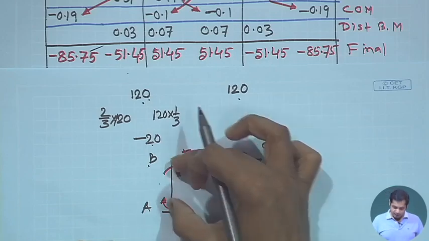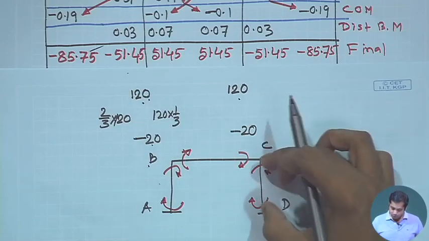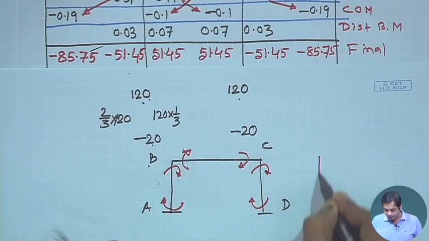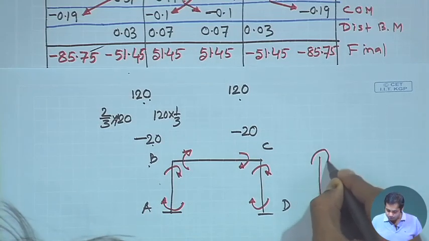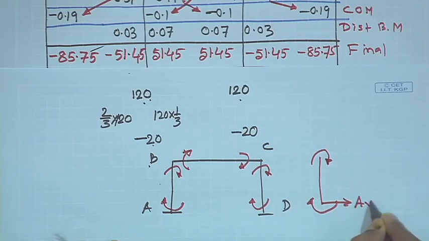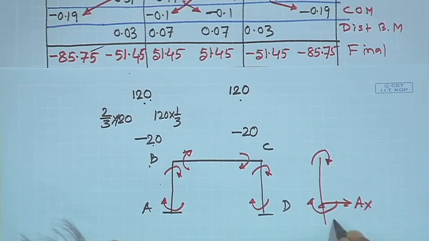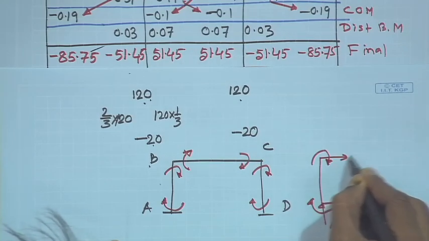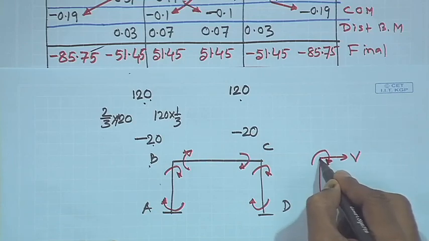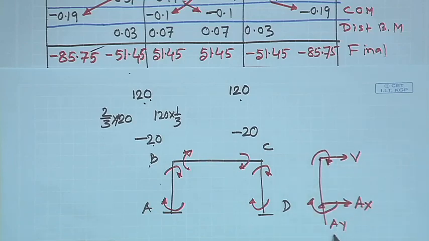Okay. Now, we can take AB separately and apply the equilibrium. The free body diagram of AB will be like this, and there will be AX and then AY, there will be V here, and then you take moment about this point, and this will not contribute, and we can get AX.